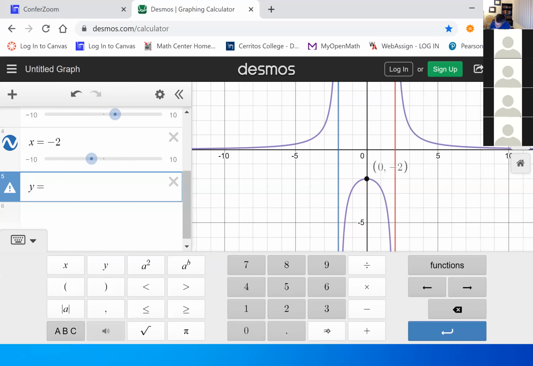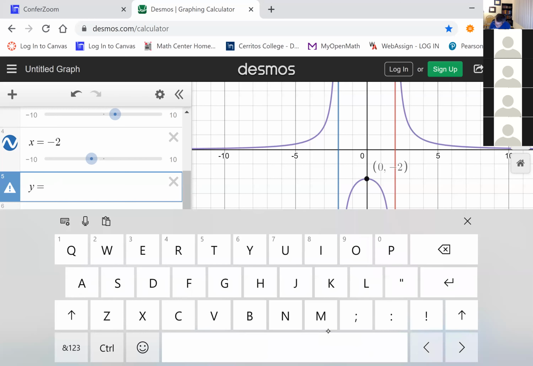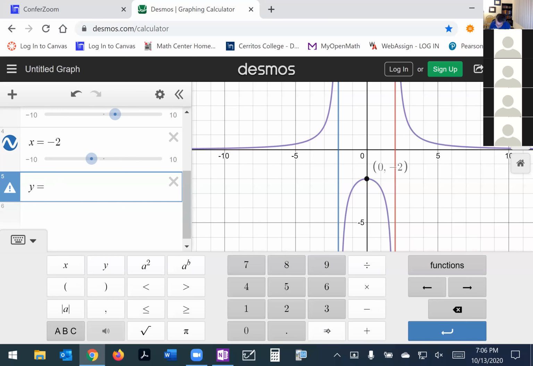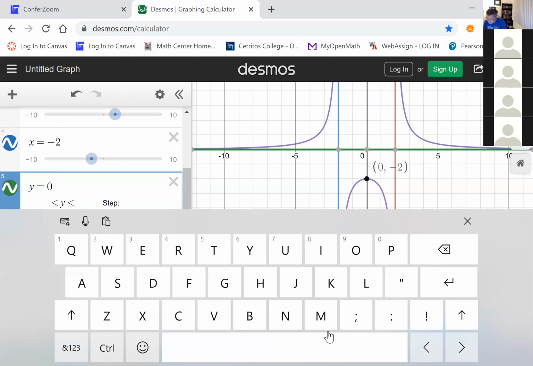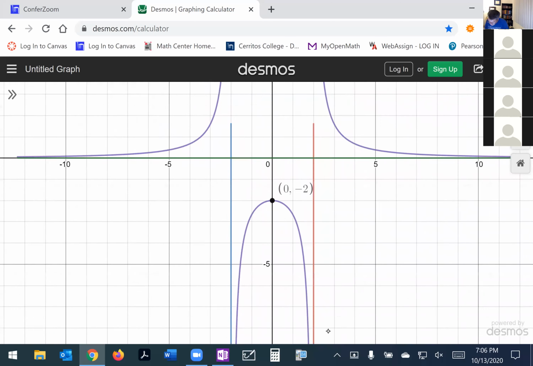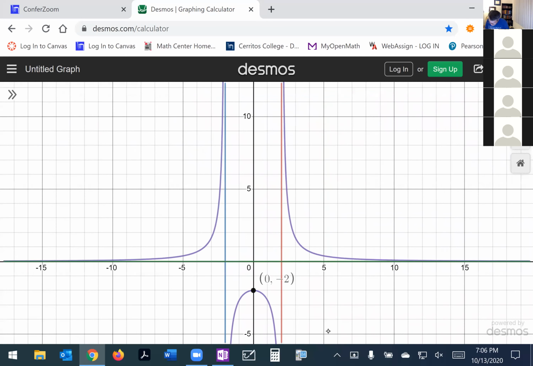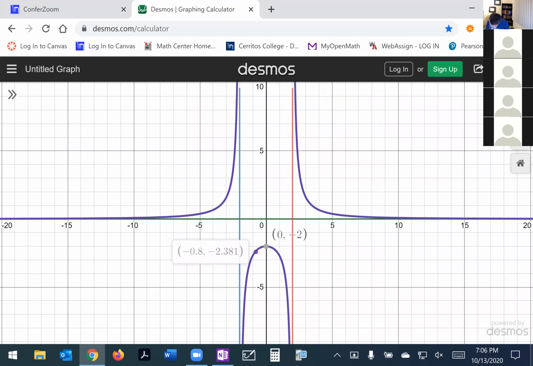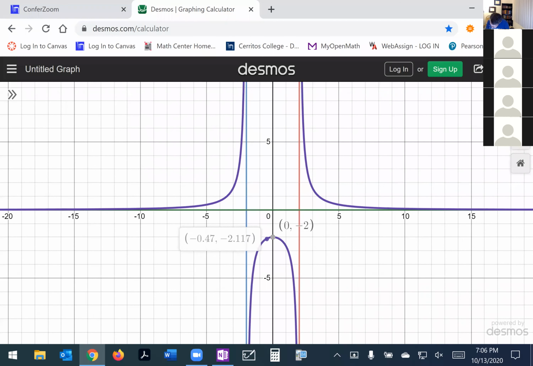Y equals 0. Boom, look at that. So here's my graph with my intercepts. This thing was concave down all the way along here, and all the way up here it's concave up, and concave up.